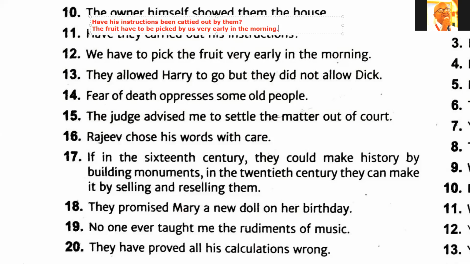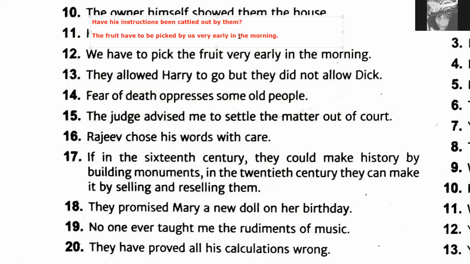Next, Harry was allowed to go, but Dick was not allowed to go by them. Right. So here there are two objects. One is Harry, and then there is another sentence, they didn't allow Dick.